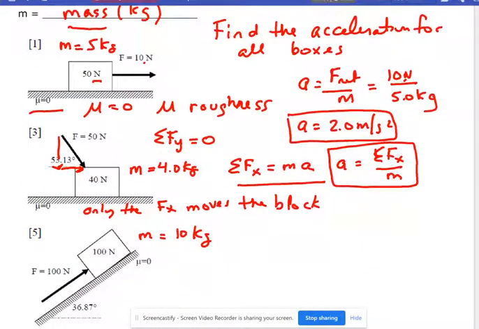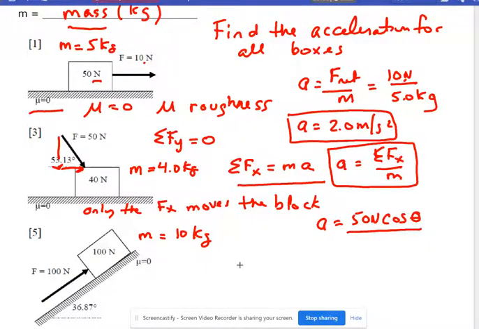So what are the forces in the x direction? Actually, it's 50 newtons cosine theta, the horizontal component, which is the adjacent component, divided by m, which we found out.